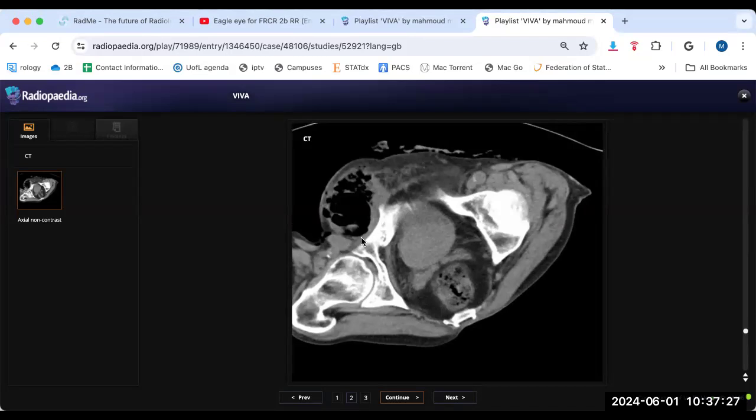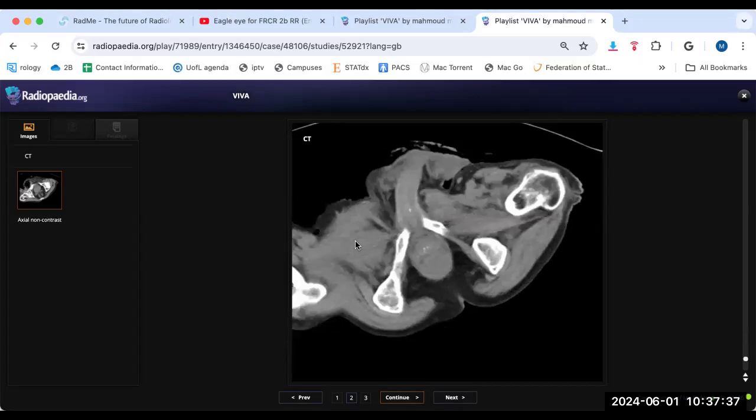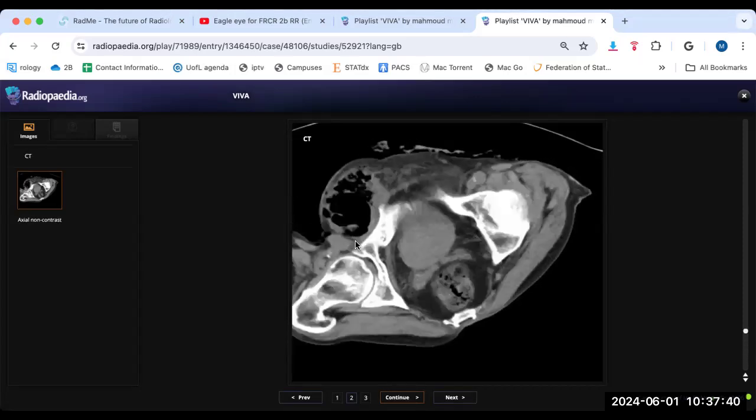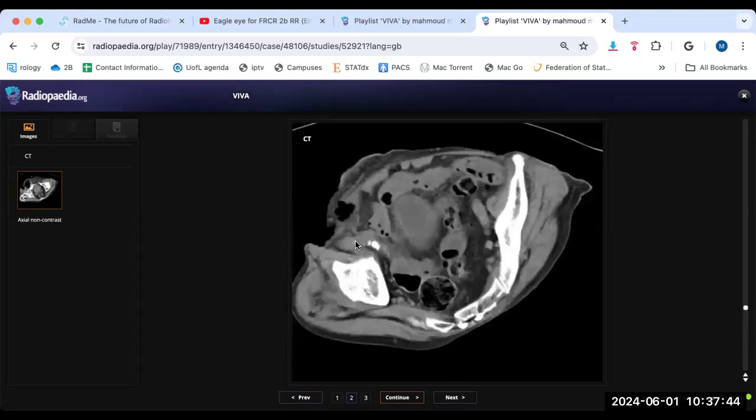This hernial sac is seen compressing the right femoral vein partially and extending down. So it is in keeping with a right femoral hernia.